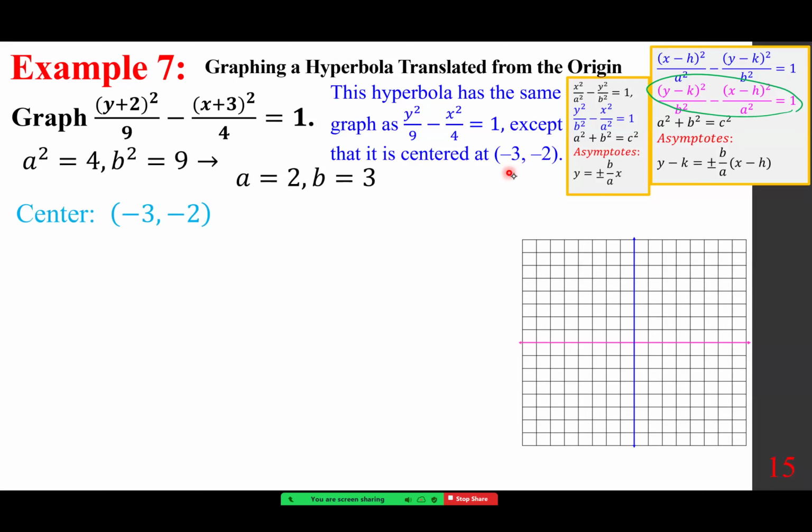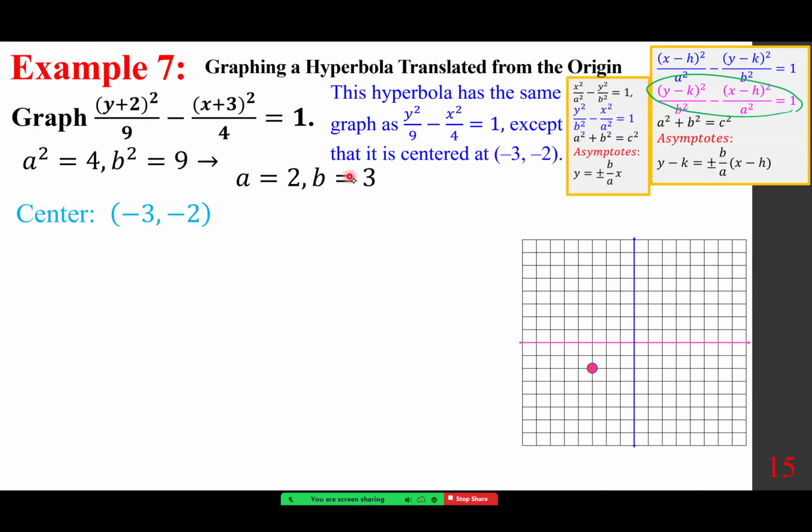Now, since this opens up and down, because y squared in essence has a positive coefficient, it opens up and down. So in order for you to find the vertices, you go back to the center and you go up and down by how many units? By b units.